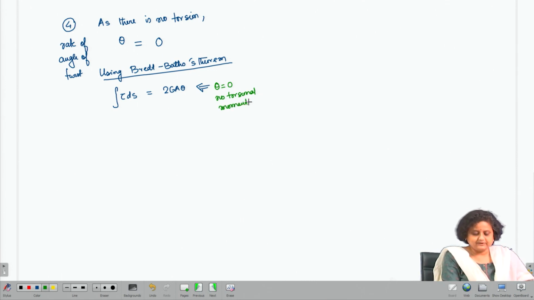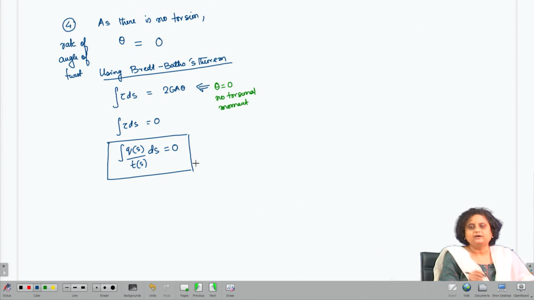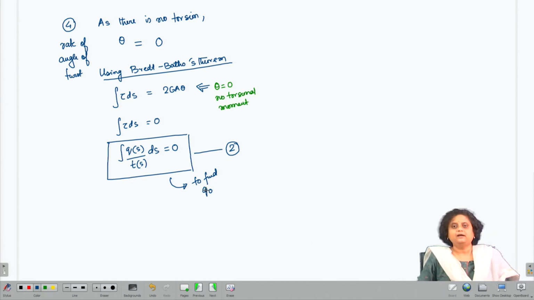So, tau ds is equal to 0. Now, tau ds can be written as q_s by t_s, if we have a varying thickness, into ds, is equal to 0. So, we are going to use this expression to find q0. So, we have got an additional equation.